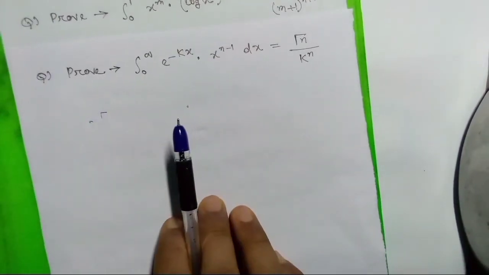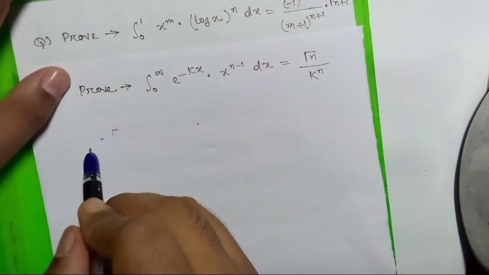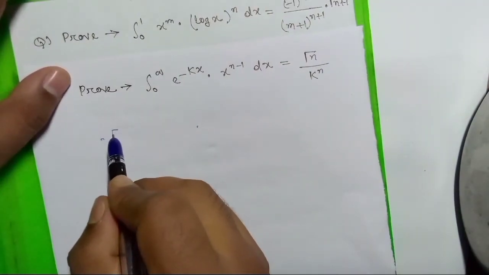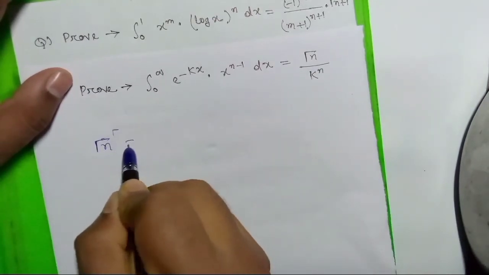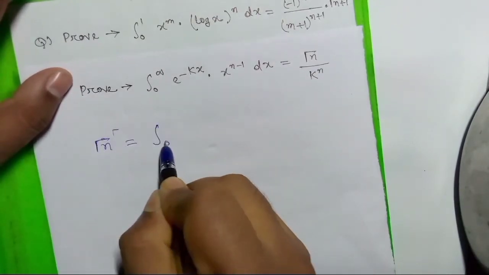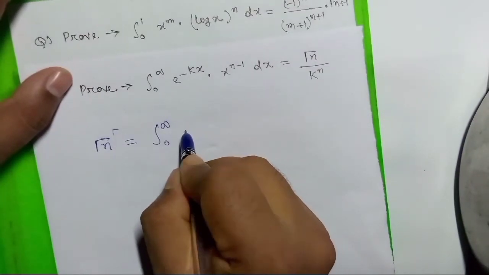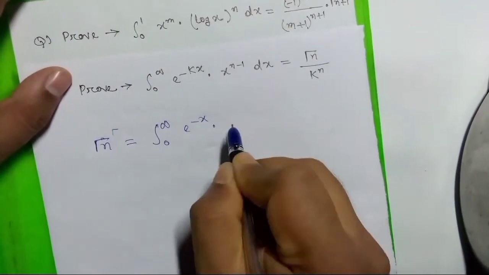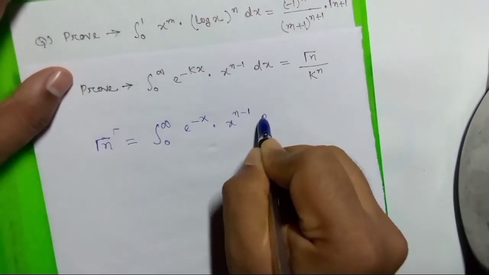Here again we use the property. What is the main definition of gamma function? The definition is gamma of n is equals to integration over 0 to infinity e to the power minus x, x to the power n minus 1 dx.